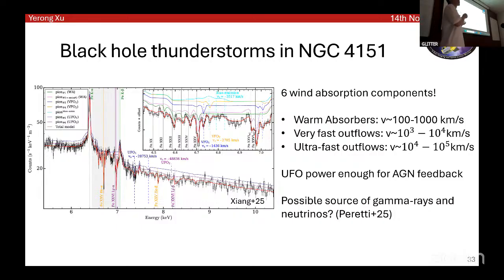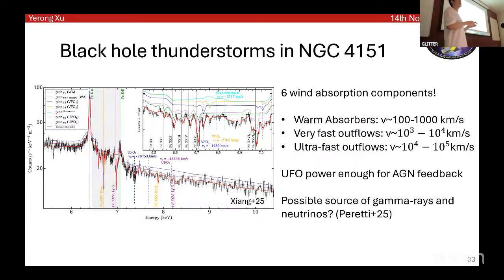What makes this target particularly intriguing is its multi-messenger nature, because NGC 4151 is one of the nearest AGN known as a gamma-ray emitter and a potential source of neutrino emission.